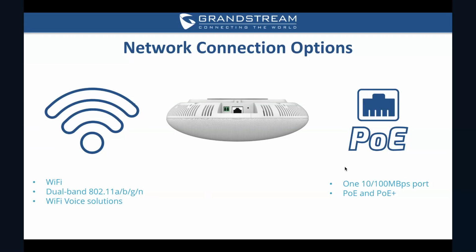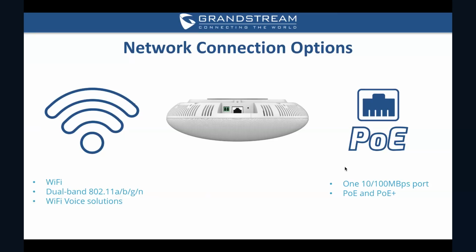So moving back to the Wi-Fi side of things, one thing I wanted to highlight there is you've probably seen a lot of content we've been putting out recently about Wi-Fi voice solutions, and the fact that you can now build entire networks of internal voice solutions all through Wi-Fi. And obviously, we offer all of the solutions that you need to be able to do that.